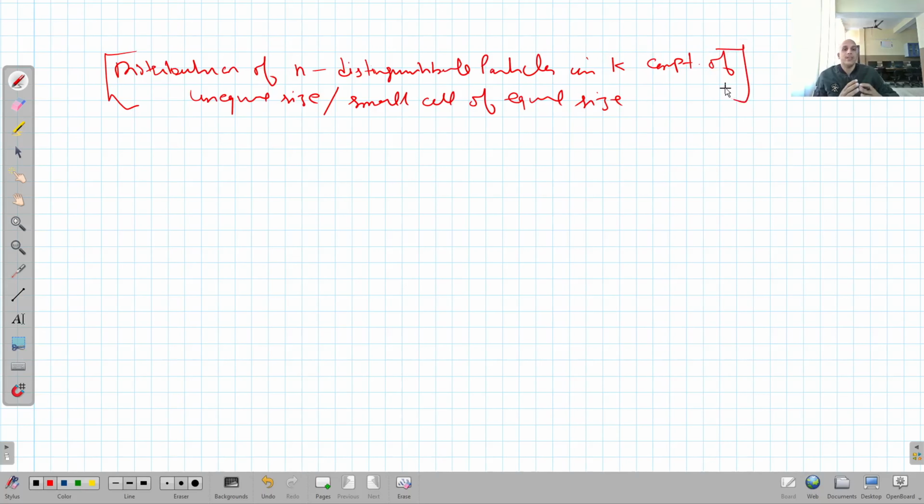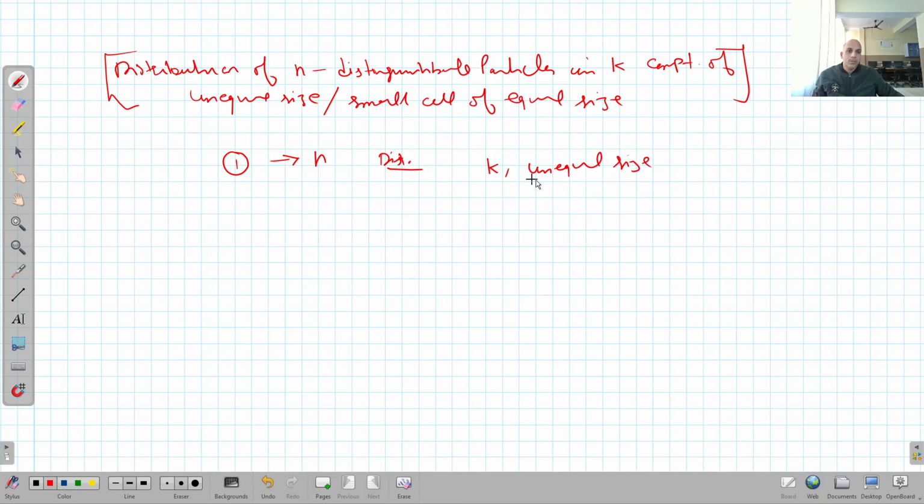So here in this lecture, we will discuss the distribution of n distinguishable particles. The first thing is that the number of particles is n and they are distinguishable, distinct particles. The second thing is we are going to distribute these n particles in k compartments, but the condition is all the compartments are of unequal size.